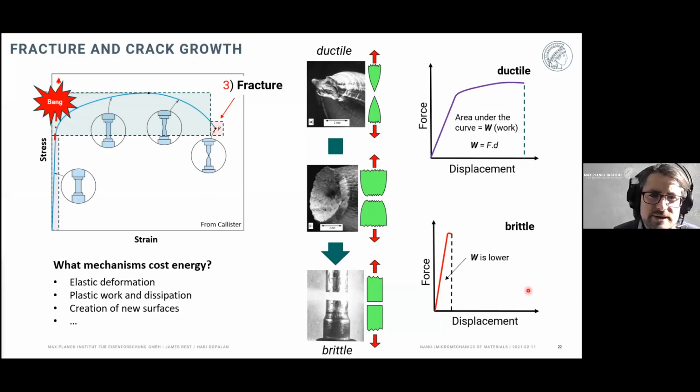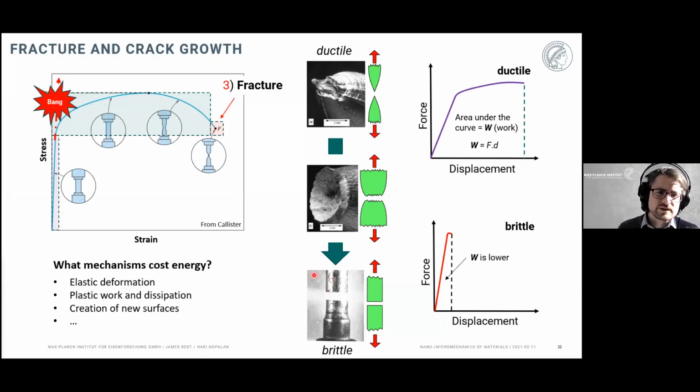So what costs energy then in material systems? As we've discussed, stretching our springs during elastic deformation costs energy. Plastic deformation and dissipation costs energy as well, meaning moving dislocations through a material. This has a distinct energy cost. But here in fracture, we also need to consider the creation of new surfaces.